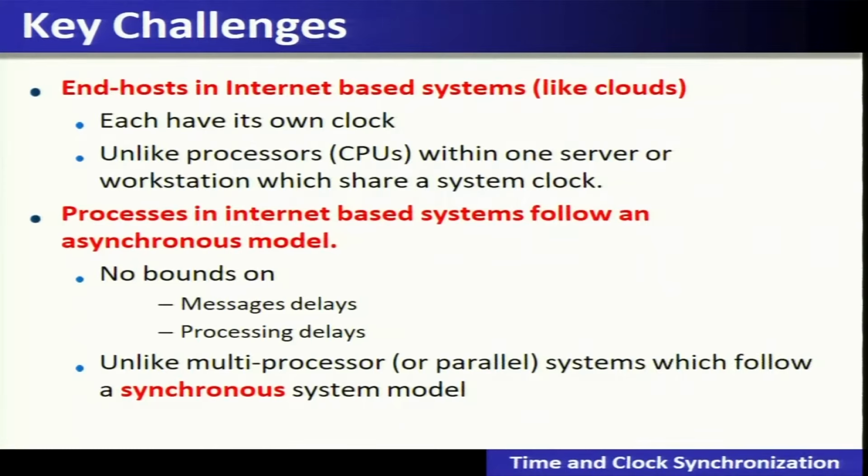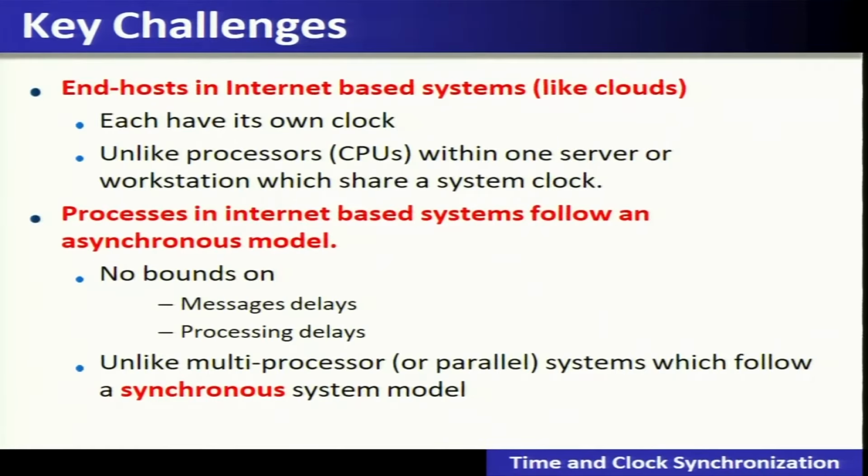So what are the key challenges? The key challenge is that the end hosts in internet based systems like the cloud and similar systems, including the Internet of Things, each have their own clock. Unlike processors within one server or workstation which share a system clock, this becomes quite challenging in the distributed environment because all the clocks are running autonomously and can only communicate through messages.